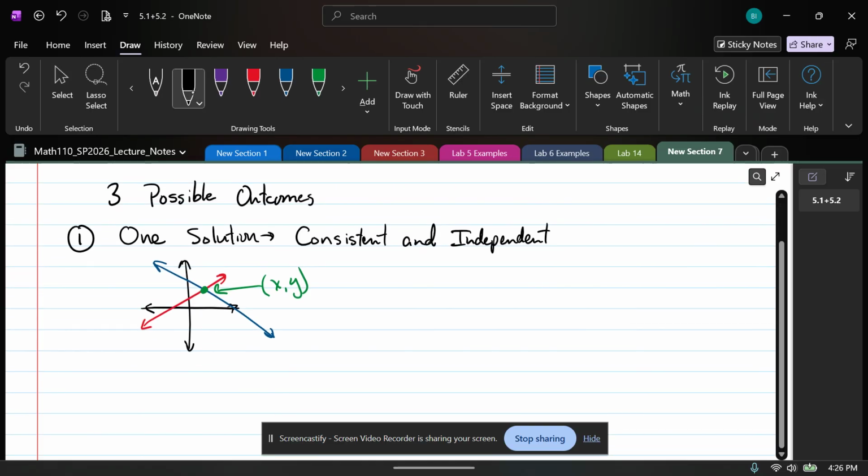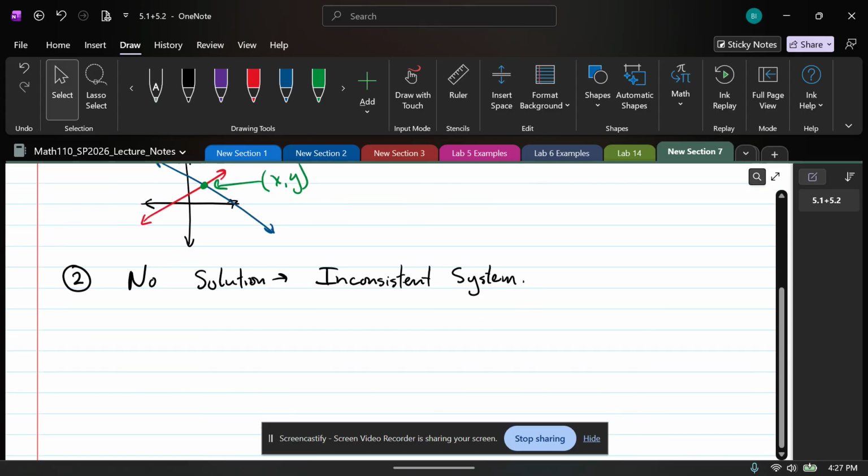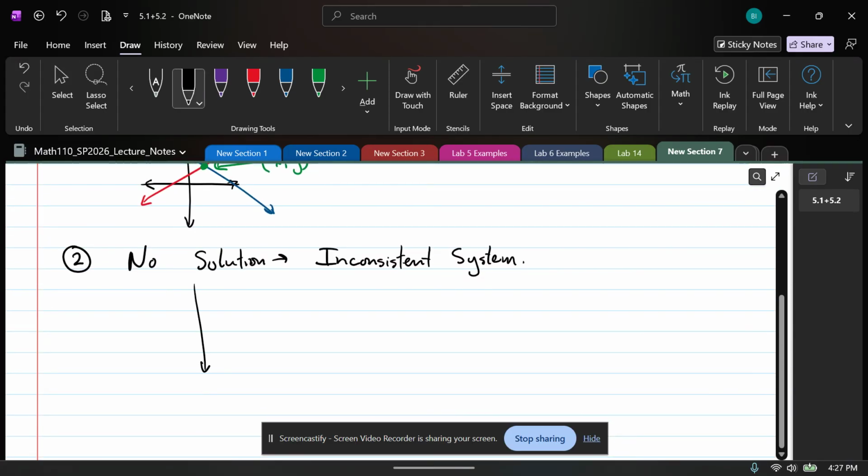The second outcome that could happen would be that there's no solution. Another name for no solution is an inconsistent system. The graph of an inconsistent system, guess how many times the lines touch?